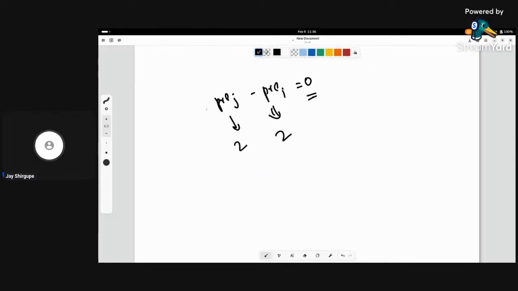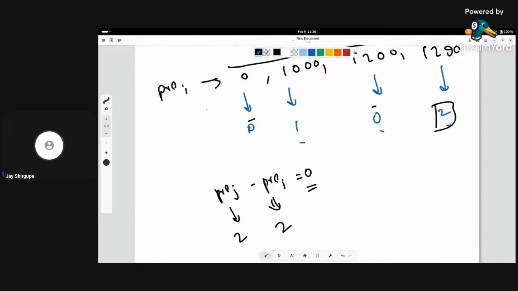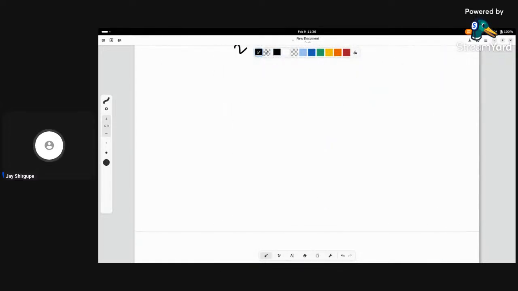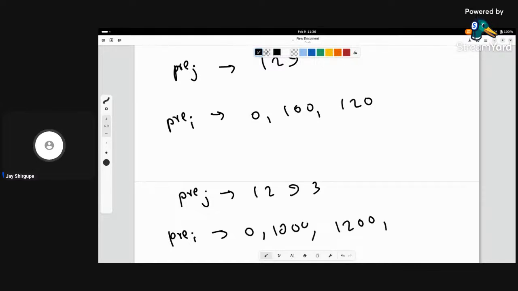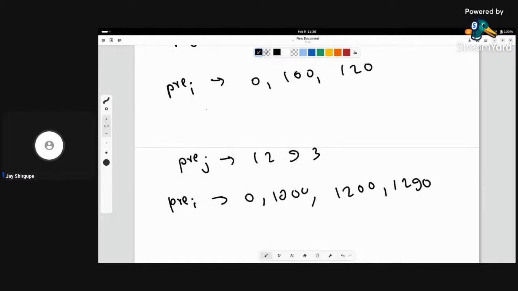Now, one more question that comes up: for 129, the prefixes of i were 0, 1, 0, 0, and 1, 2, 0. Then when you got to the next digit, that is 1293, your prefixes became 0, 1, 000, 1, 2, 00, and 1, 2, 90.